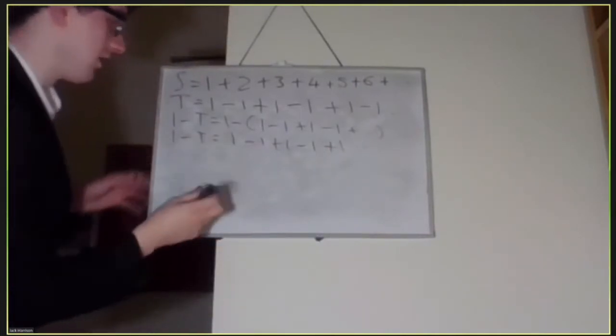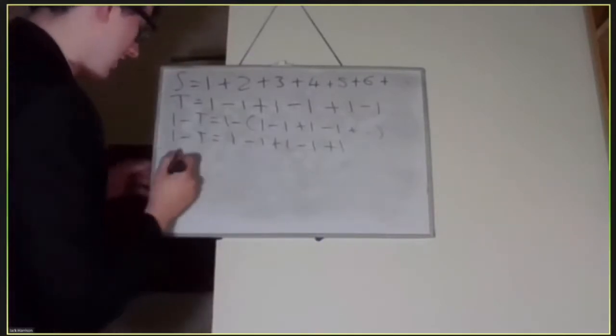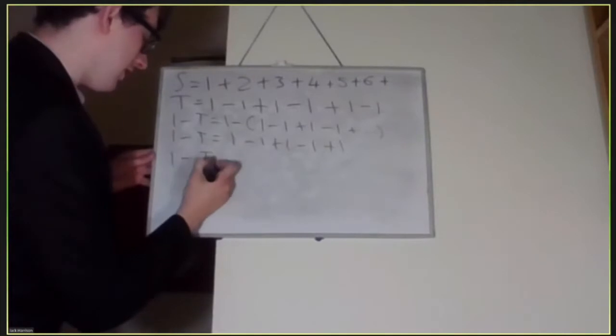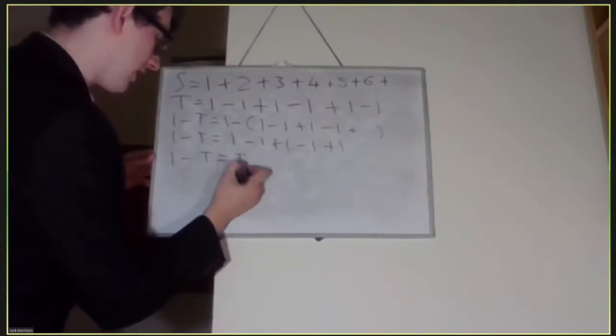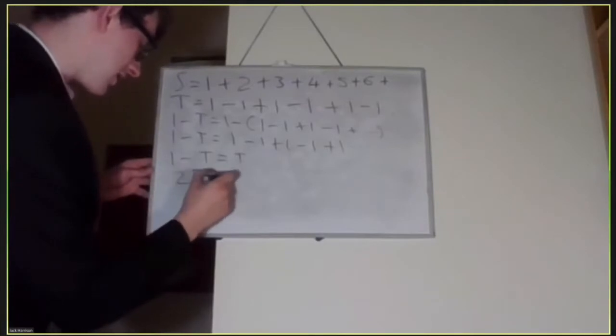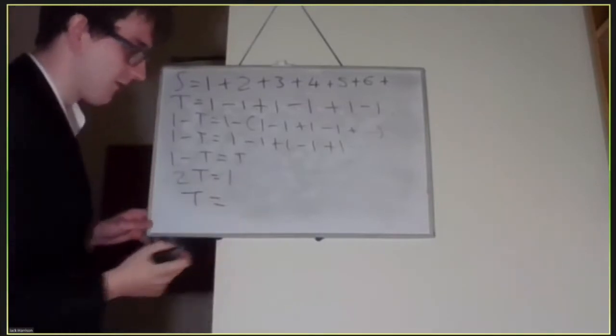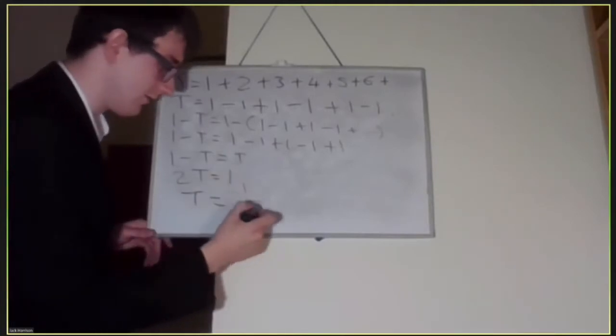That's 1 minus T. But that surely is just T again. So 1 minus T equals T. Let's add T to both sides. 2T is 1. So T is a half.